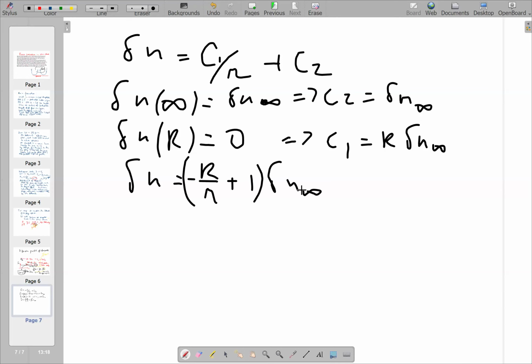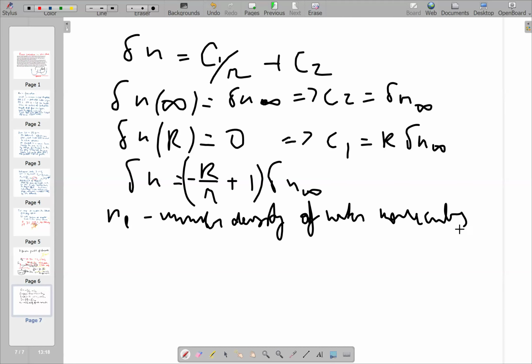And now we want to know how the droplets grow. We need to write a mass balance. So a droplet has, let us say, n sub L, the number density of water molecules in the liquid phase.